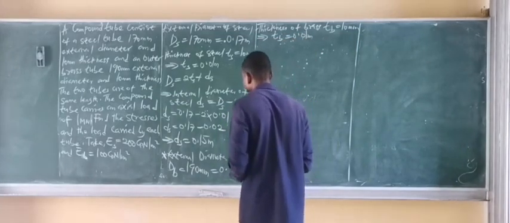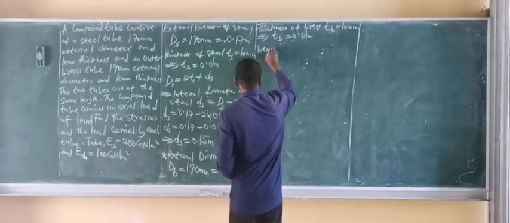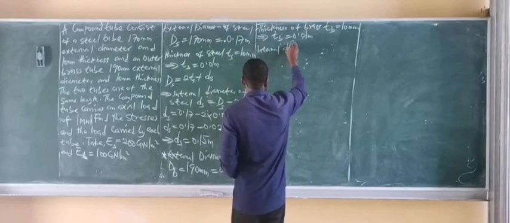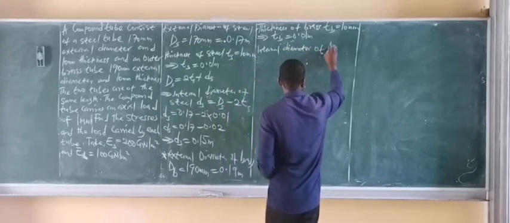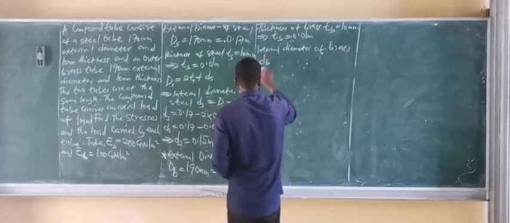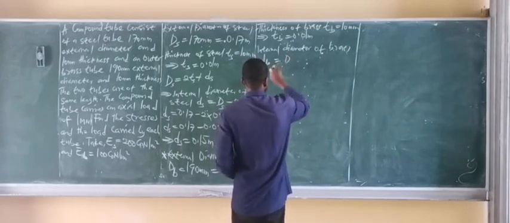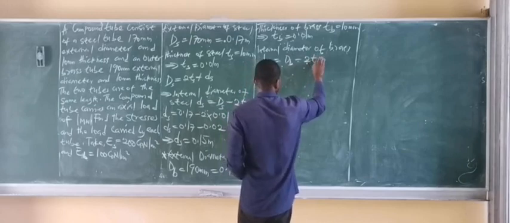To obtain the internal diameter of brass, we also use the same relationship. The internal diameter of brass, small d, is equal to capital D, the external diameter of brass, minus 2 times the thickness of brass.